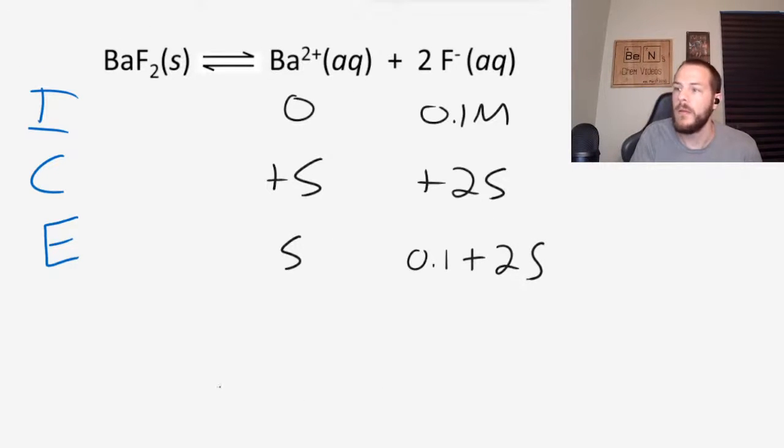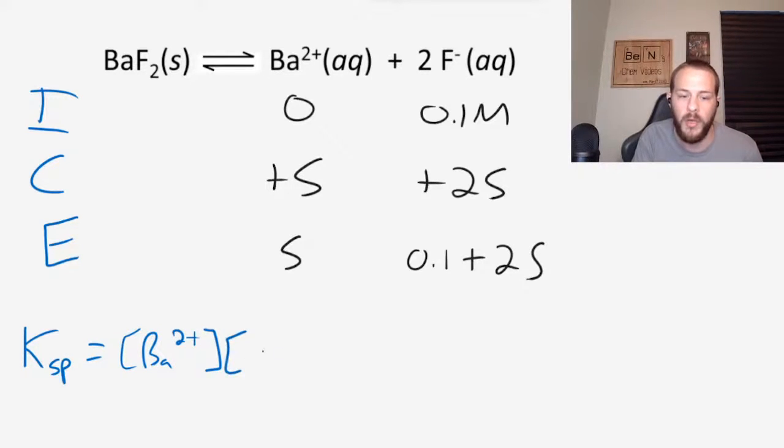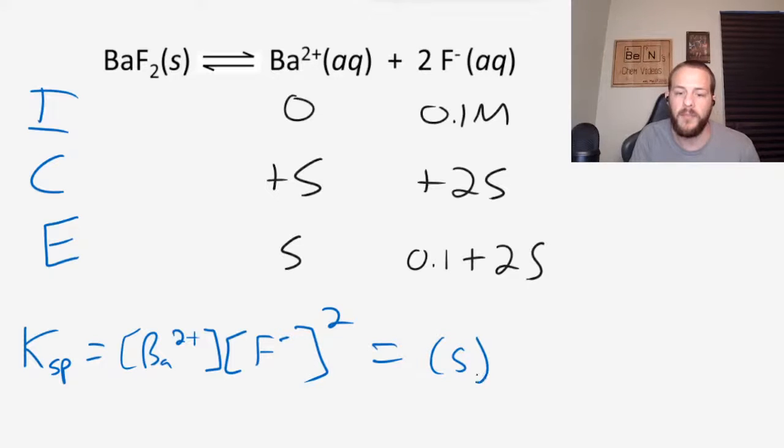Now, if we plug those into the expression for Ksp, Ksp is equal to the concentration of barium ion, Ba2+, times the concentration of fluoride ion, and that is squared, right? So we're going to substitute those in. Barium ion is simply S, and for the fluoride ion, that's 0.1 plus 2s, and we're going to square that, equal to the value of Ksp.